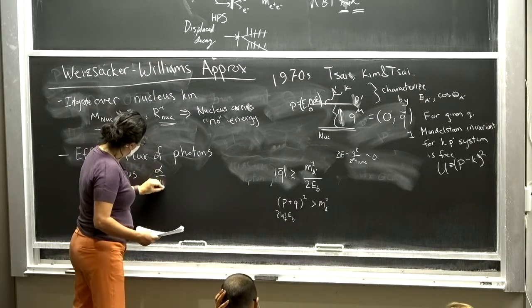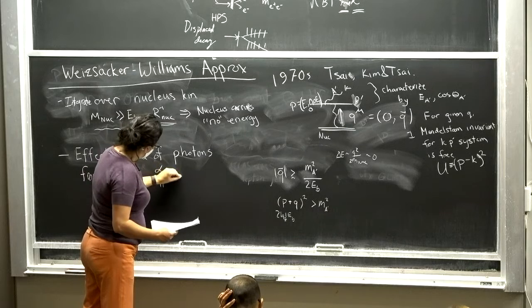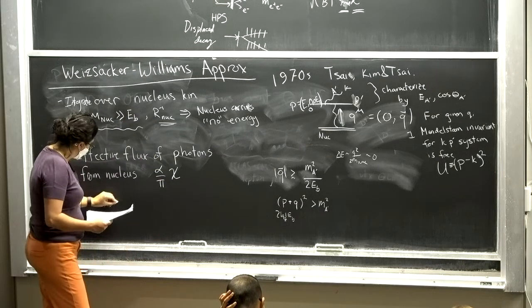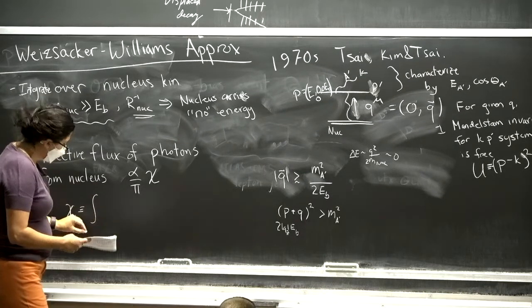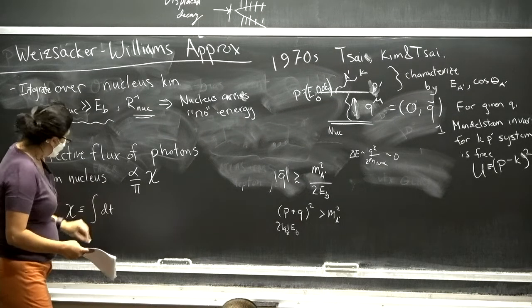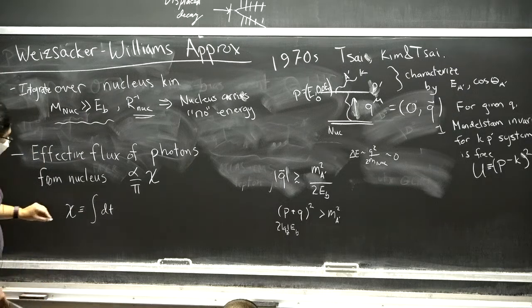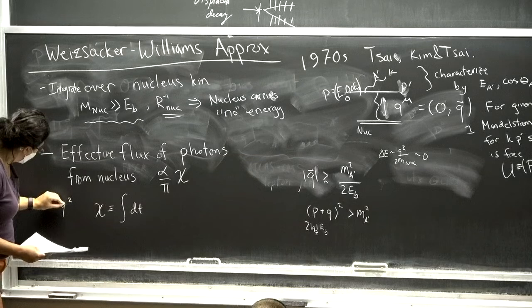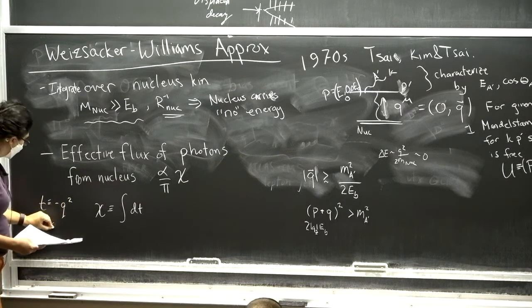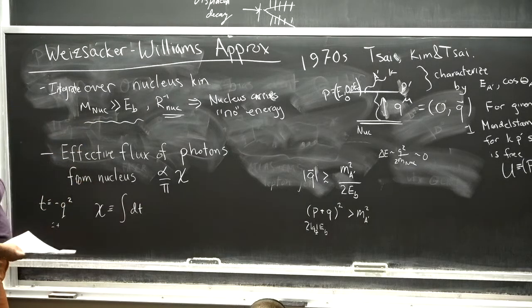Which is alpha over pi times what's often called chi, where chi is just defined as an integral dt. T here is going to be minus the q four-vector squared.